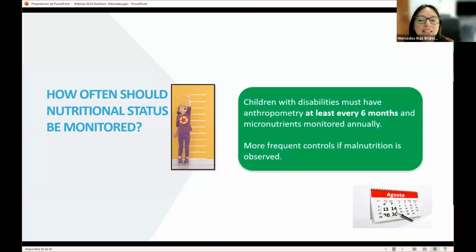This is for children with disability without any nutritional problem. So at least 2 times a year, at least every six months, we should do a follow-up of undernutrition, and we should have more frequent controls when malnutrition is observed. Children with undernutrition should be monitored more frequently.